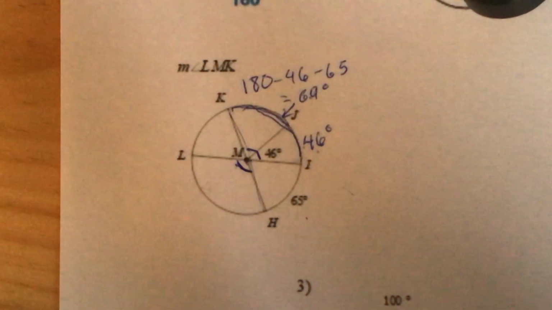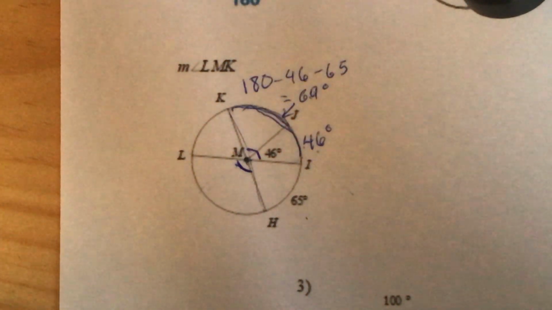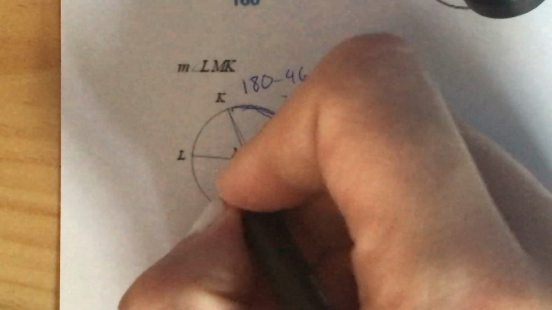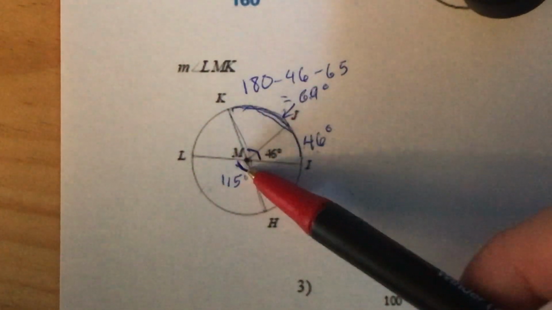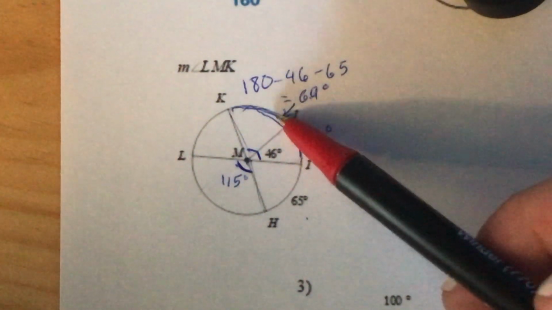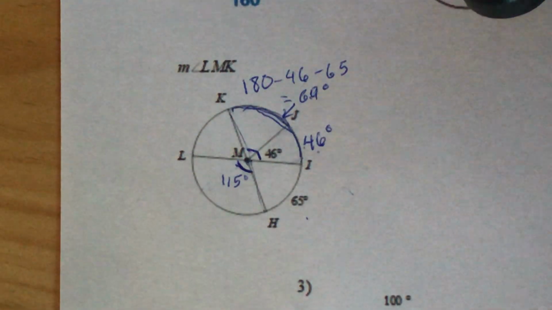So 69 plus 46, which is 115. And again, central angles are the same thing as the arc. So if I'm looking at this arc, 69 here, this angle right here is also 69.